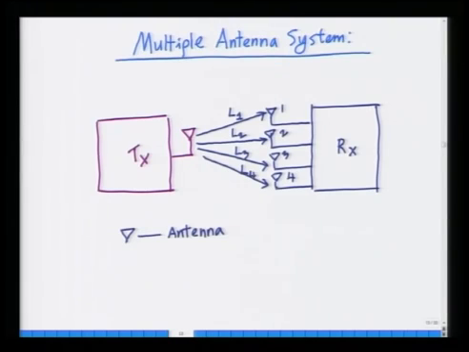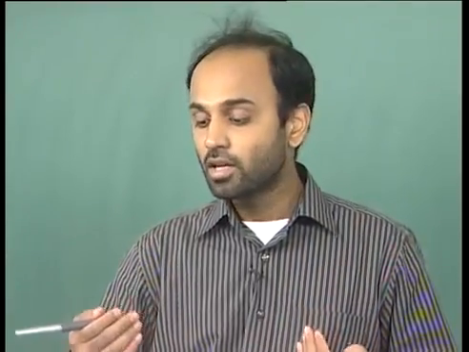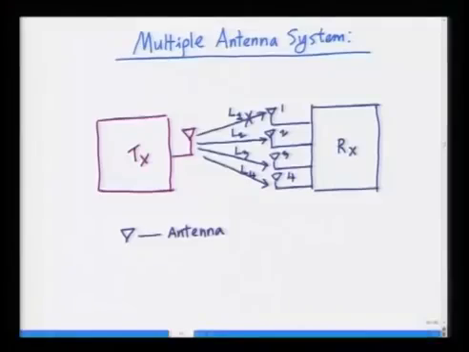So, where previously I had only one transmit antenna and one receive antenna, now I have multiple receive antennas, which means for the same signal I can receive through multiple ports or multiple links. Here in this specific example, I have 4 links, which means let us say L1 and L4 are in a deep fade.